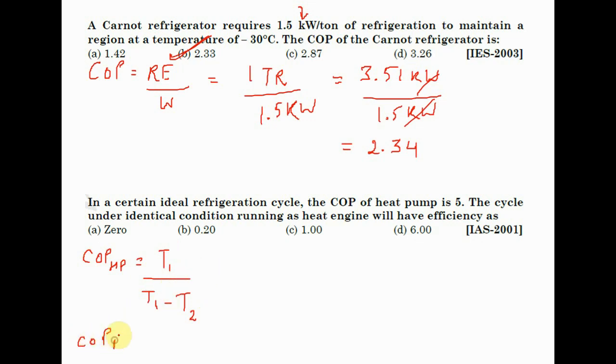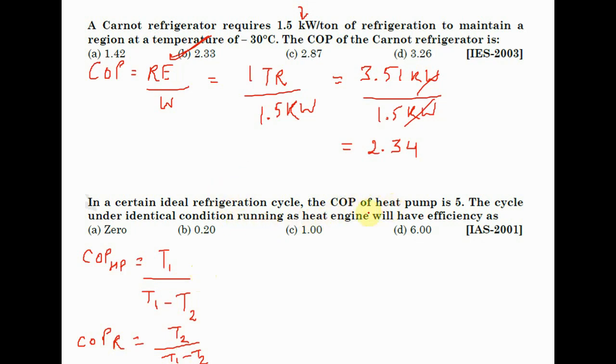Just for reference, COP of a refrigerator is equal to T2 upon T1 minus T2, where T1 is the temperature of the sink and T2 is the temperature of the source. These are the COP formulas for an ideal Carnot refrigerator.